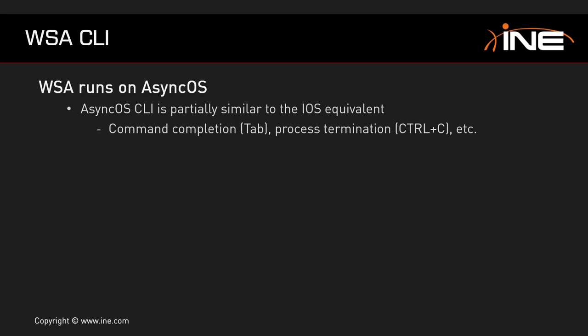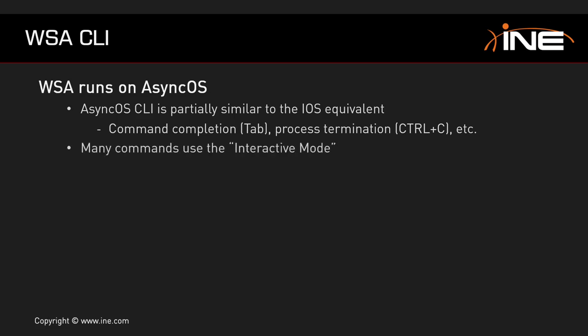And AsyncOS is basically a hardened version of a Linux system. As we will see, what is going to be the same on AsyncOS is the basic navigation for the CLI. Tab for command completion, maybe Control-C to break the process, to stop execution of a command. This stuff is going to be the same.